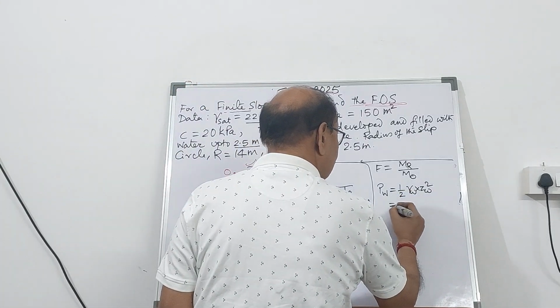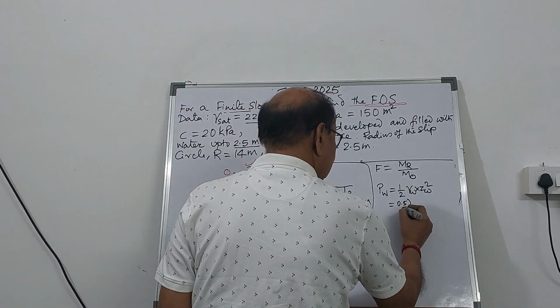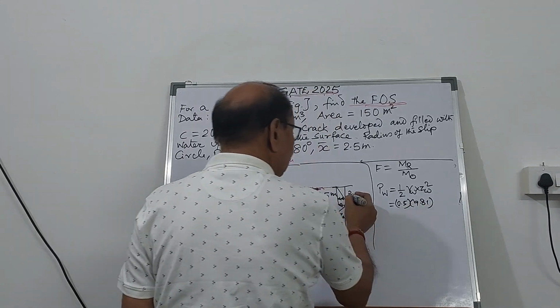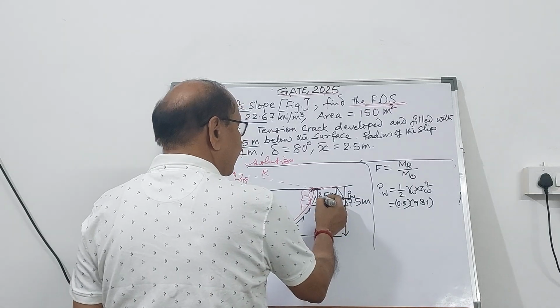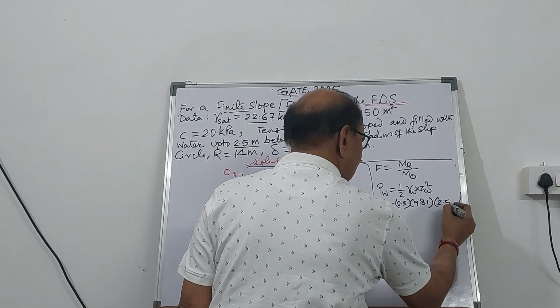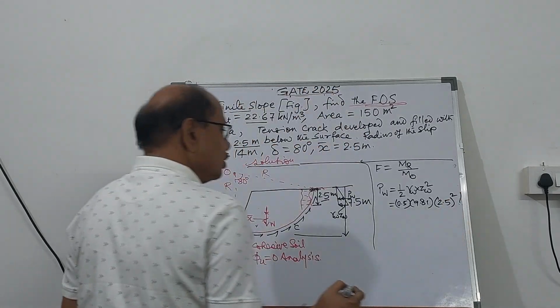So this you can calculate it. 0.5, gamma W 9.81, and ZW is already given to you as 2.5 meter, so 2.5 whole square.